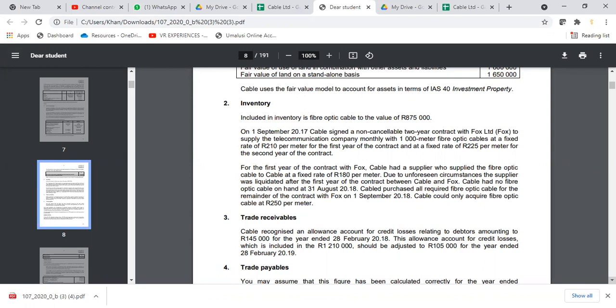Now they say, due to unforeseen circumstances, the supplier was liquidated after the first year of the contract between Cable and Fox. Cable had no fiber optic cable on hand at 31 August 2018. Cable purchased all required fiber optic cable for the remainder of the contract and could only acquire it at the price of 250 per meter.